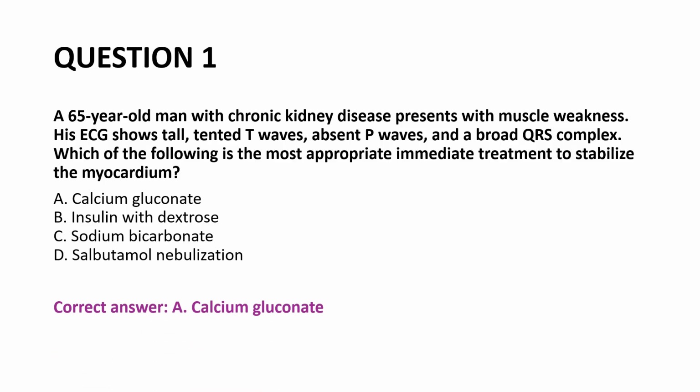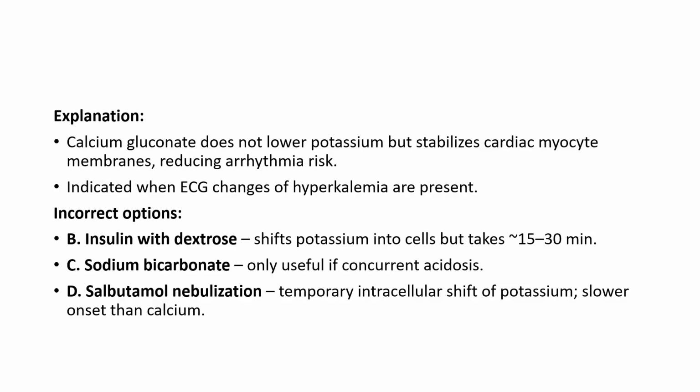The correct answer is calcium gluconate. The patient has ECG changes of hyperkalemia. The very first step is to stabilize the cardiac membrane. Calcium gluconate acts within minutes, preventing life-threatening arrhythmias. Insulin with dextrose shifts potassium into cells, but it takes 15 to 30 minutes.